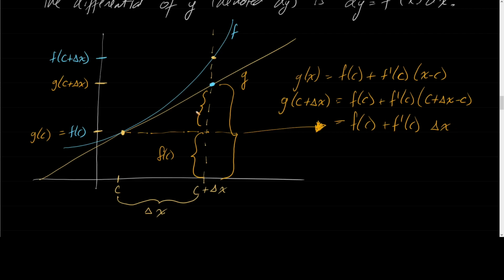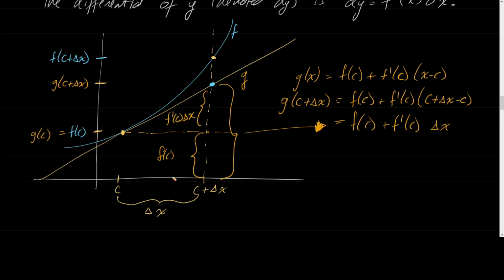And if I want to figure out what this height is right here, notice that this thing right here was f of c plus f prime of c delta x. This piece right here, f of c. So the difference there would be subtracting those two, giving me that this height right here is f prime of c times delta x.